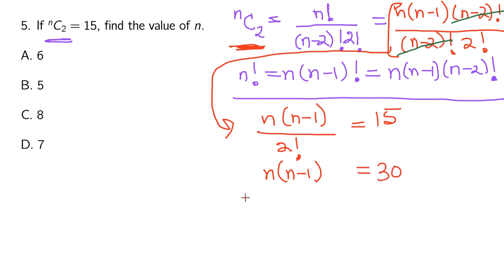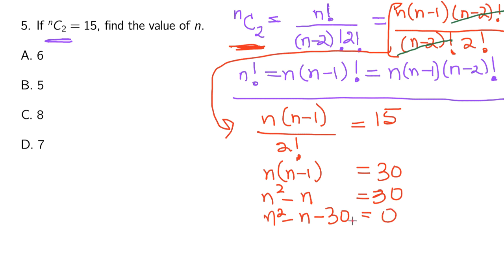Now expanding this left hand side, we get n squared minus n equals 30. Now we have a quadratic equation, and what do we do? We can bring the 30 over, oops, mistake, by subtracting 30 from both sides.